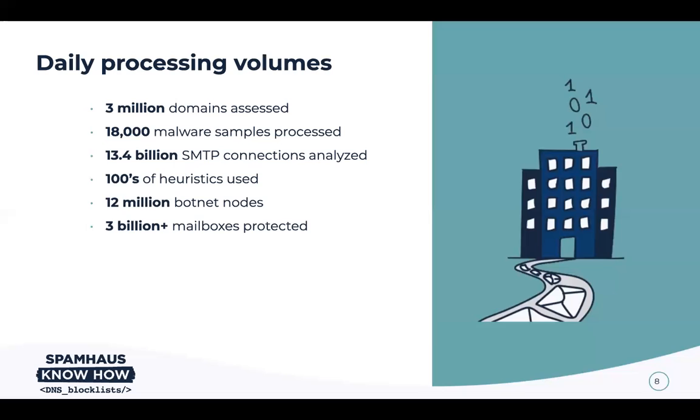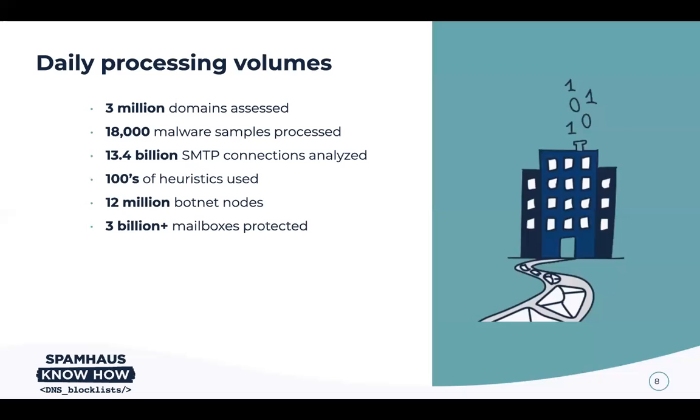Of course, what we do is not necessarily limited to email and spam. For example, you can see in the second line of this slide that we process something like 18,000 malware samples per day. Why do we do that?